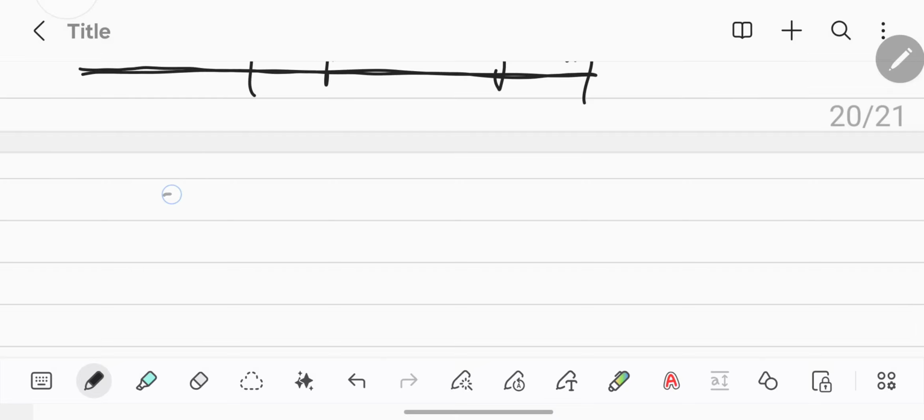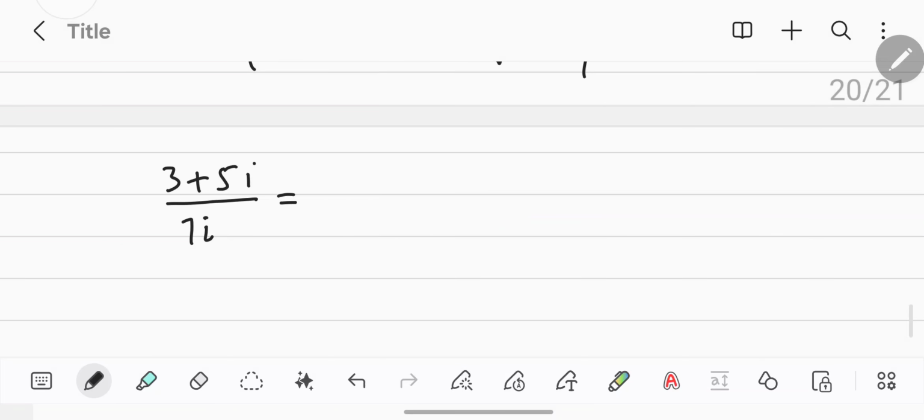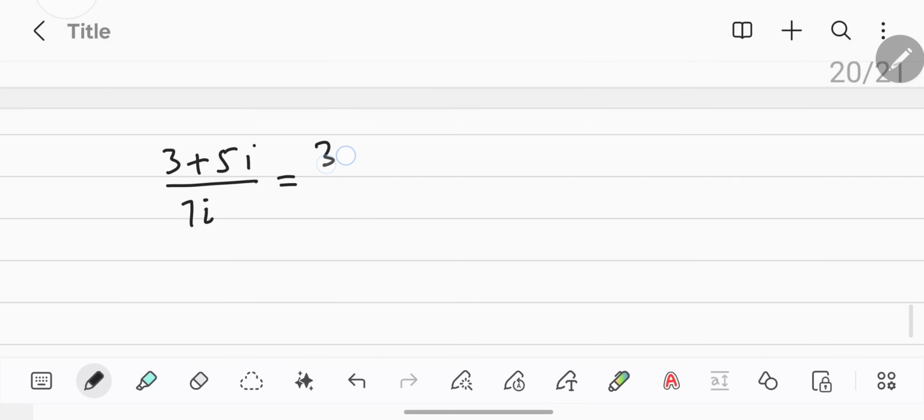Look at an example. 3 plus 5 iota divided by 7 iota. What will I do? I will write 3 plus 5 iota divided by 7 iota. I have to again multiply and divide by something.